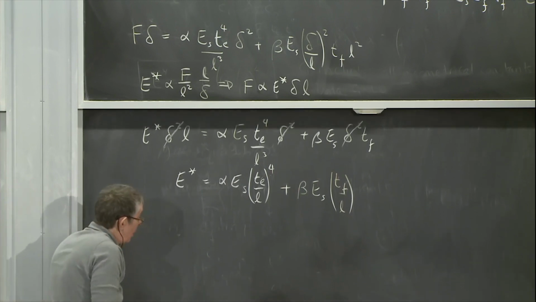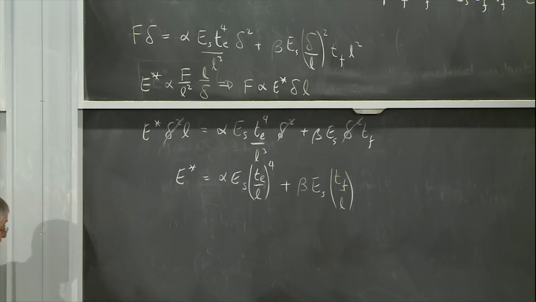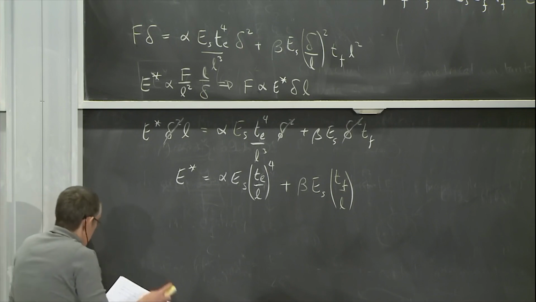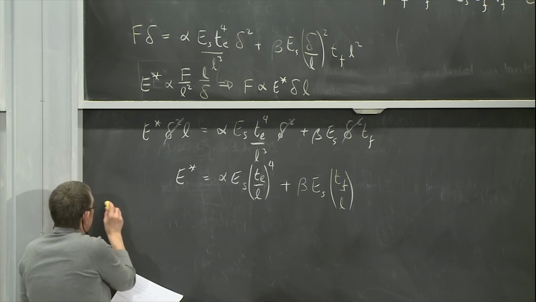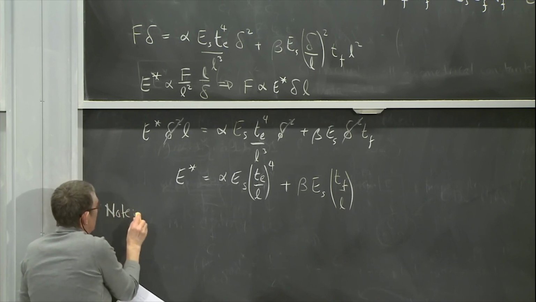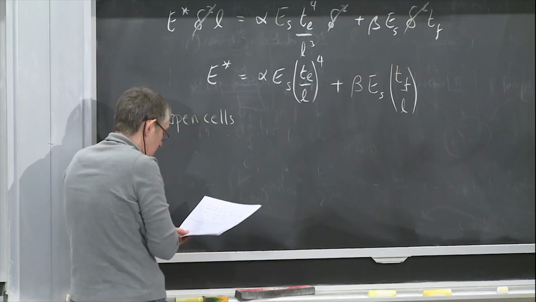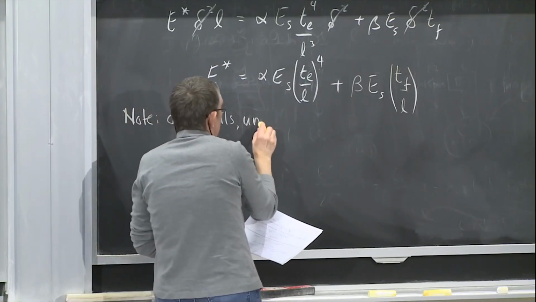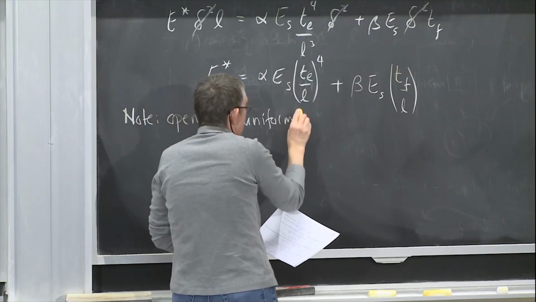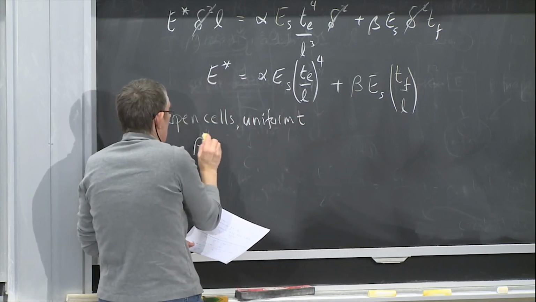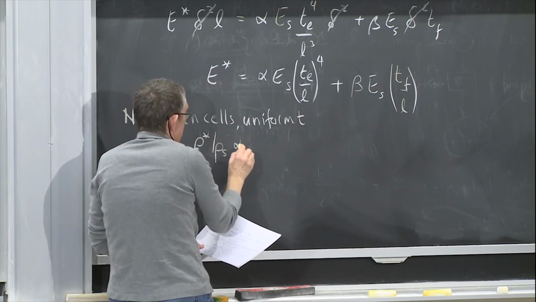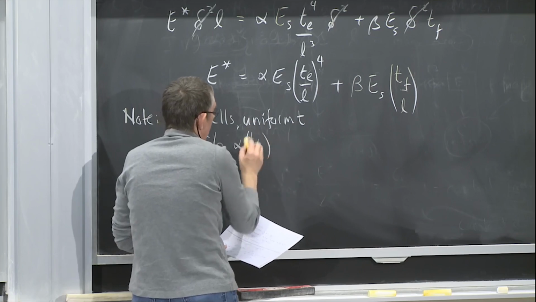Okay. And what I'd like to do is, instead of putting it in terms of T_E and T_F, put it in terms of the relative density. So I'm going to look at two limits. If we just had open cells, if there were no faces on the membranes, and we had a uniform T, then the relative density would go as T over L squared.